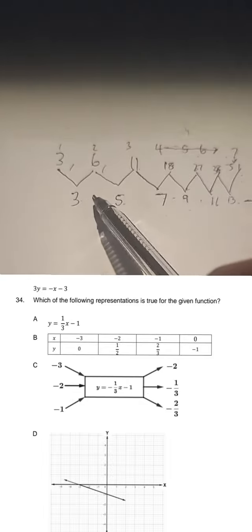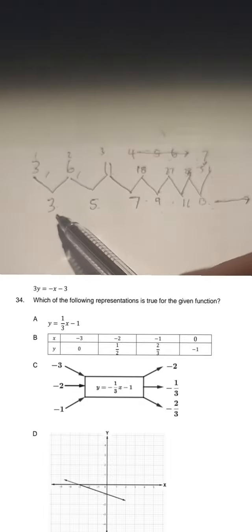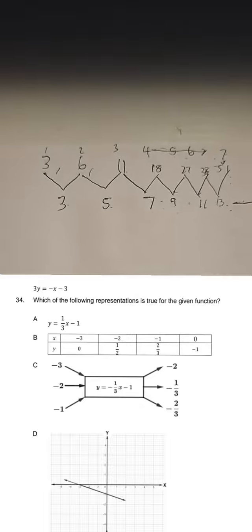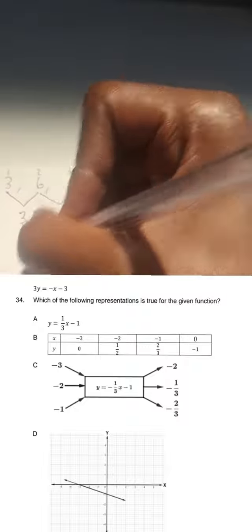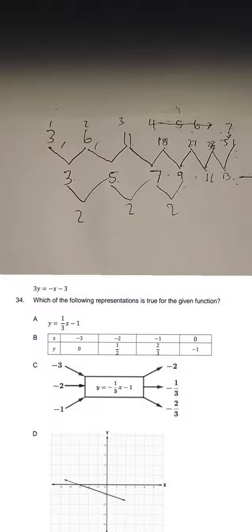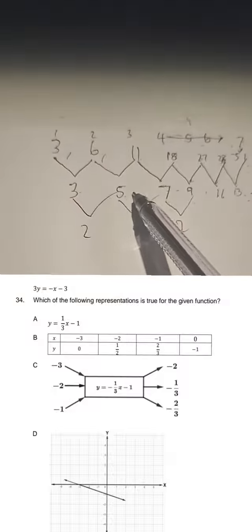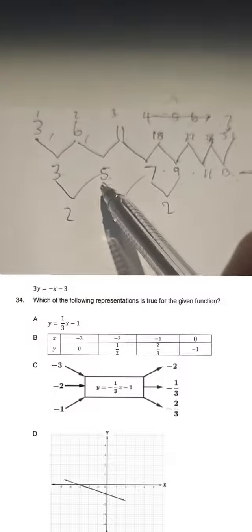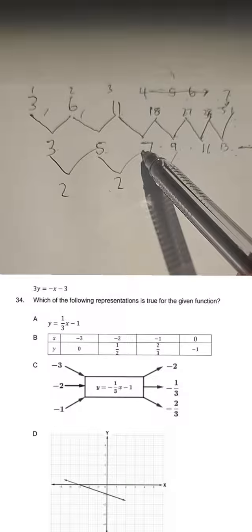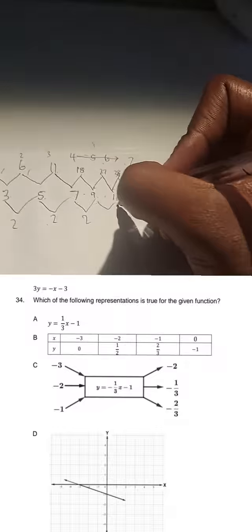What we notice here is that this first difference gives us a constant difference of 2, 2, 2. So as grade 9 learners, we can see that this sequence, my first difference, gives me a constant difference. 5 minus 3 is 2, 7 minus 5 is 2, 9 minus 7 is 2. So it will be 2, 2, 2 all the way.